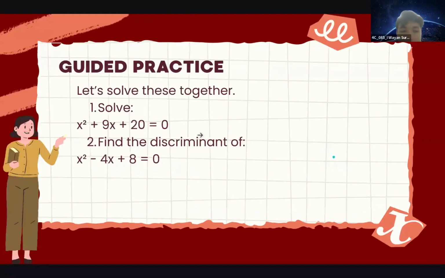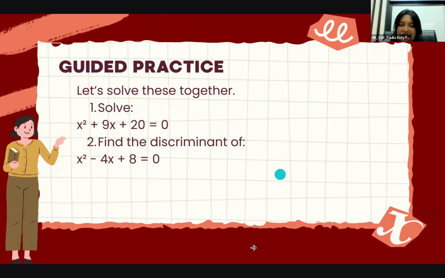Okay, good. Now, let's solve this problem together. The problem number 1 is x squared plus 9x plus 20 equals 0. X plus 4, x plus 5 equals 0. So x equal negative 4 and negative 5. Yes, that's right.